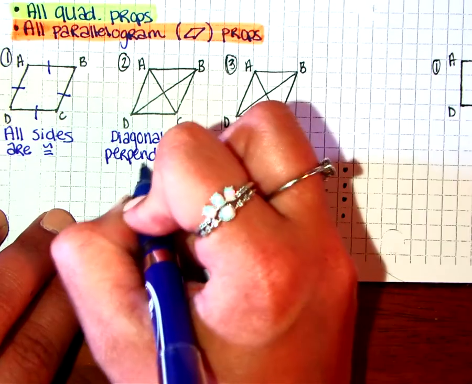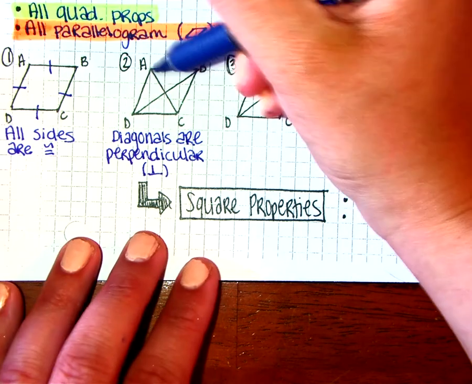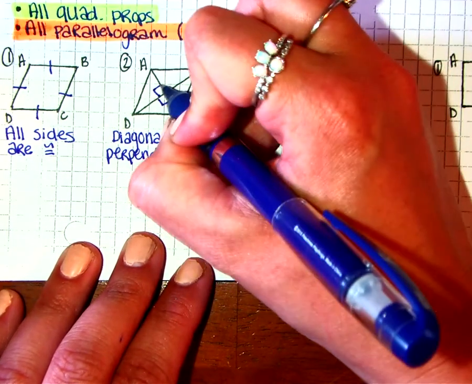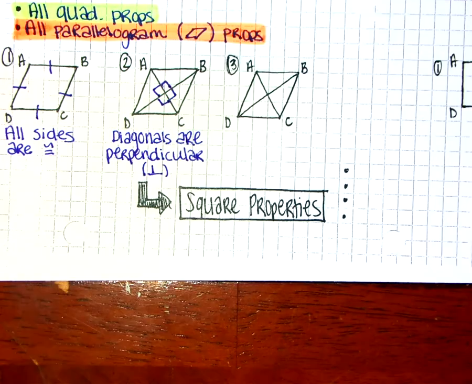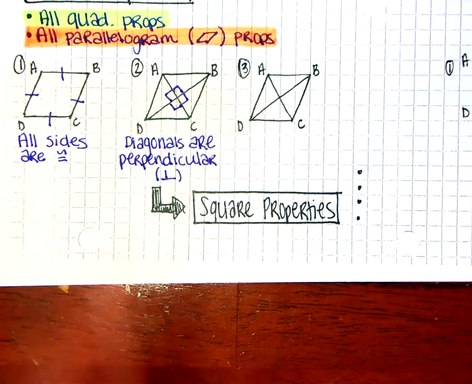Remember, the symbol for perpendicular is that upside down capital T. What that means is AC and DB create 4 90-degree angles. They're perpendicular to each other. So what's going to end up happening is you're going to have right triangles inside of a rhombus.